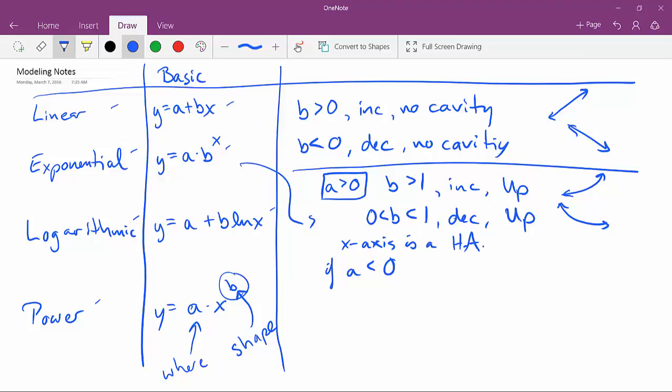that's like performing a transformation where we flip everything across the x-axis. So if A is negative, then we have, let's see. If B is greater than 1 and A is negative, we're going to flip this model across the x-axis. So we'll have decreasing and concave down.